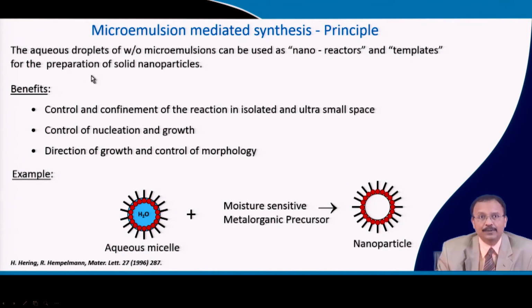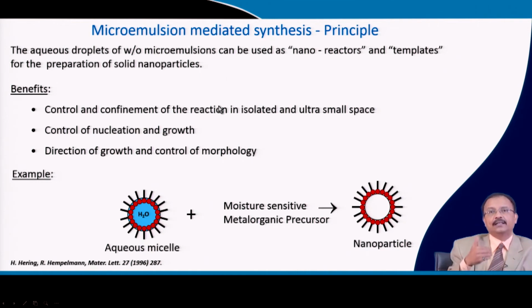So, aqueous droplet, water in oil, this microemulsion, that can be used as a nano reactors and basically a template for the preparation of solid nanoparticle. That was the idea, to prepare a very small nanoparticles which will not scatter light.